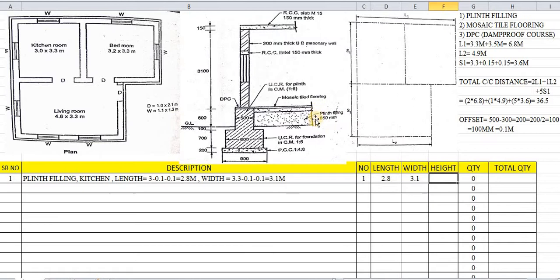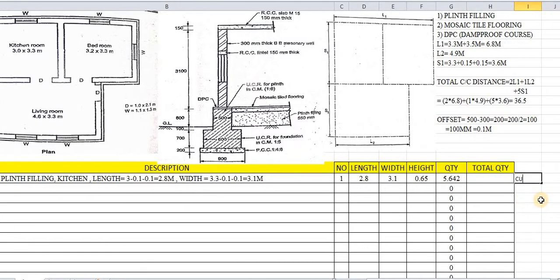So this 650 is the plinth filling height. So 650 mm is converted to 0.65. So 0.65 is the height of the plinth filling. The quantity is mentioned in cubic meters.